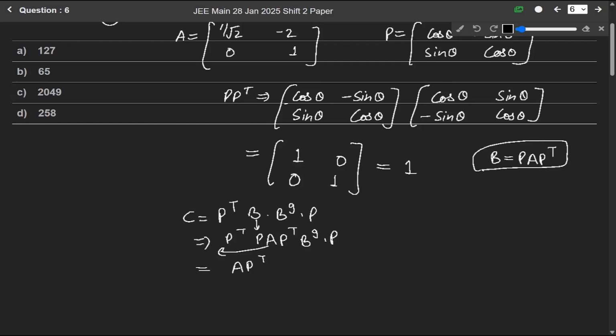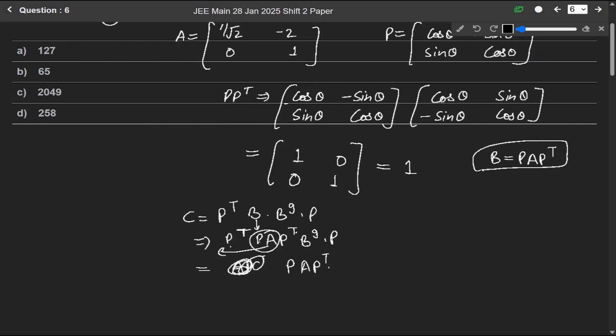Okay. This is P transpose. This B is PA into P transpose. This is B9 into P. So P transpose. Okay. This can be written as PA into P transpose.